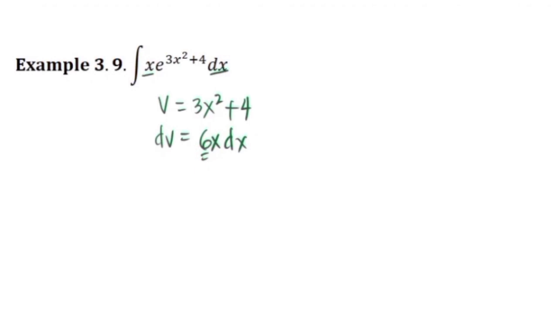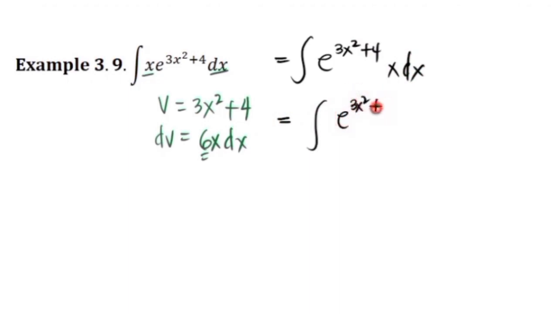So if we are going to rearrange this, we would have the integral of e raised to 3x squared plus 4 x dx. So we multiply 6 dito sa x dx natin para maging derivative siya ng exponent na 3x squared plus 4.